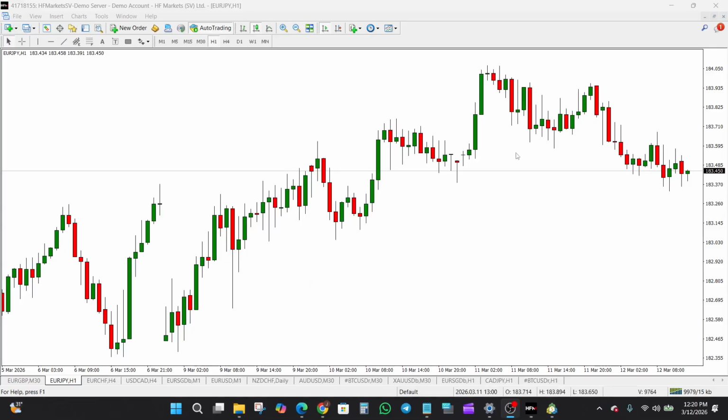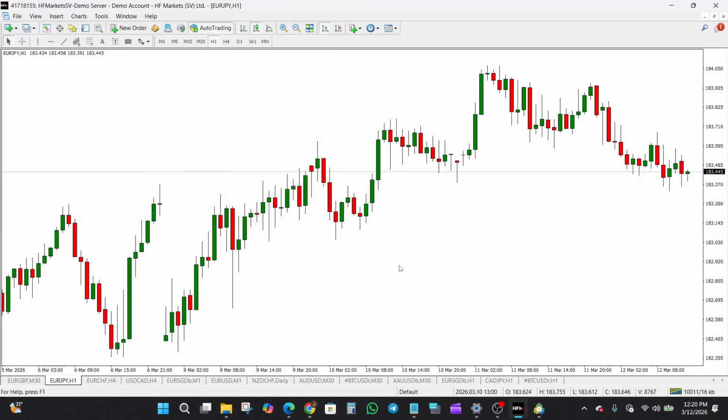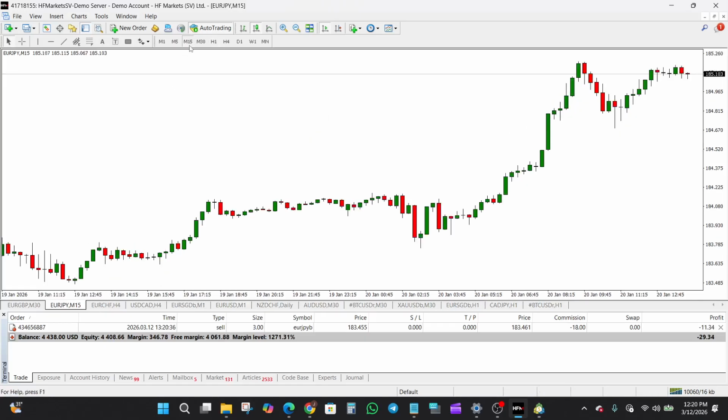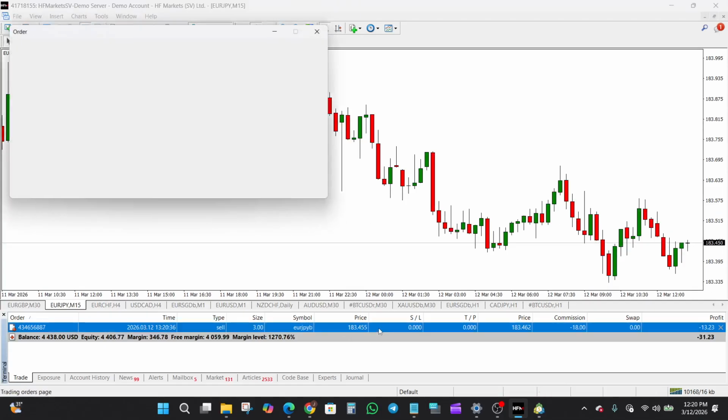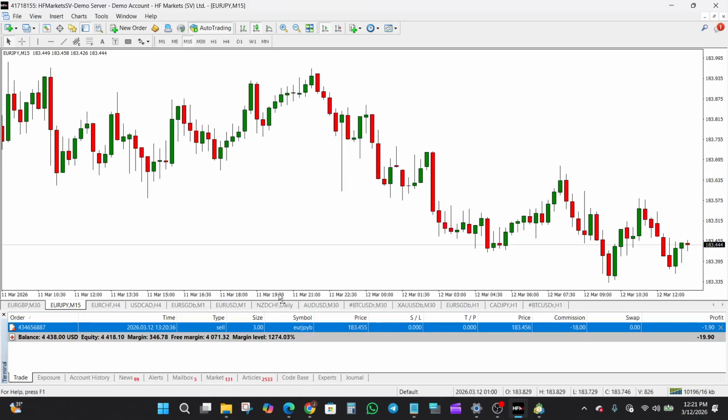Sometimes when placing or modifying a trade in MT4 or MT5, you may see an invalid stop loss or take profit error.